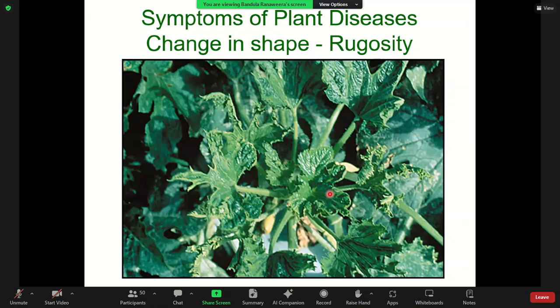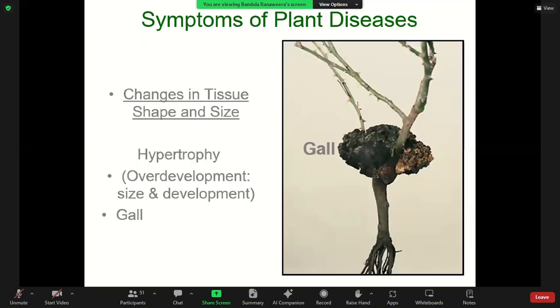Now, up to now, we were talking about the changes of appearance, color change, and shape change. Other than that, unusual development of plants, an unorganized cell mass like this, can develop.